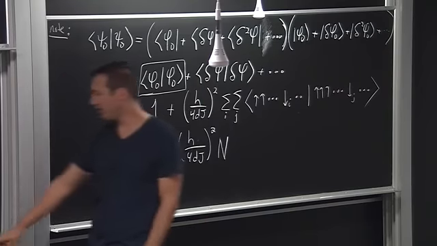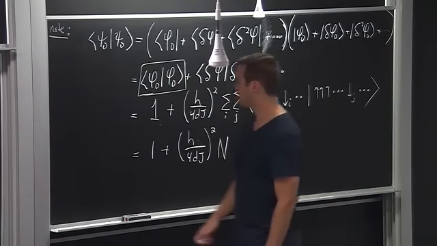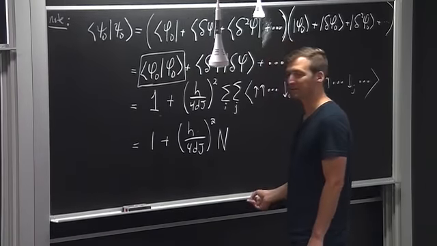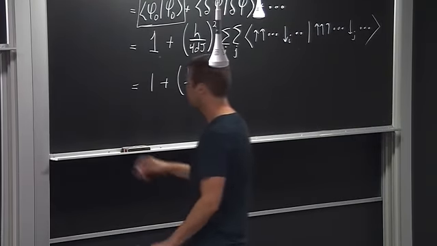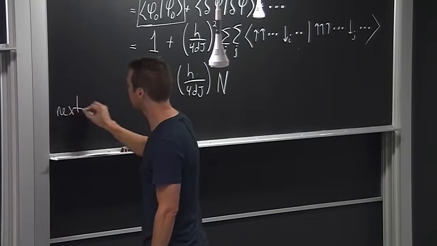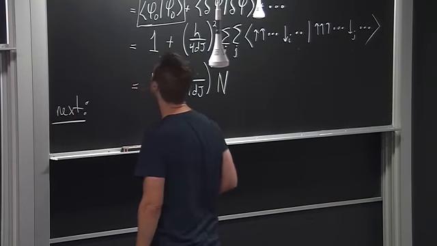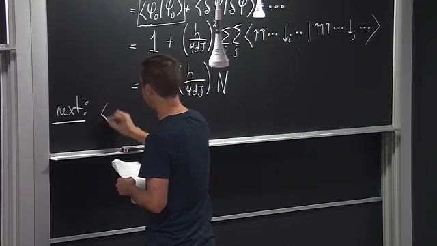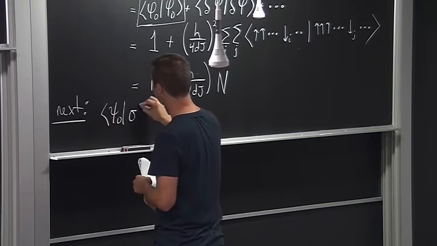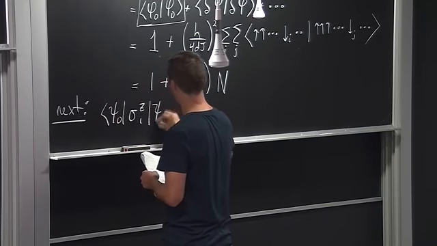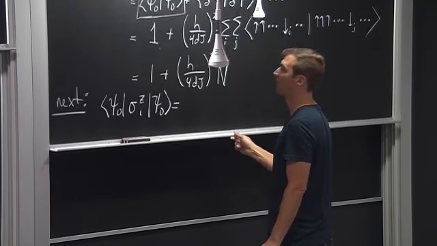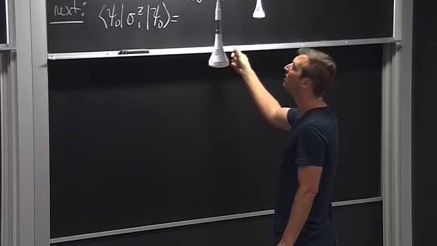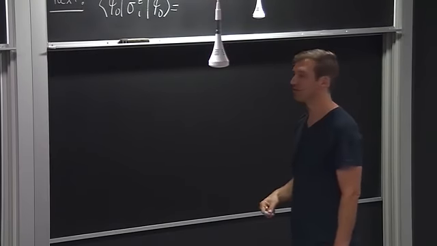That's just the denominator, right? So the numerator is that expectation value. Psi naught, sigma zi, psi naught. Okay, you get many terms here.